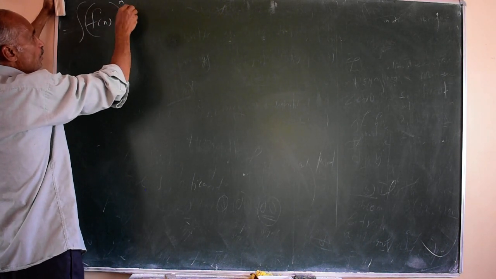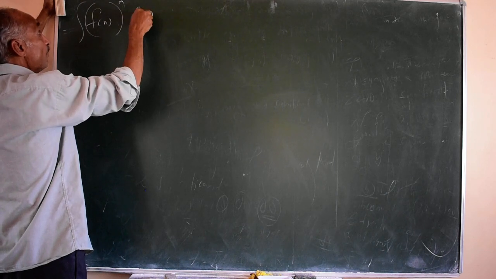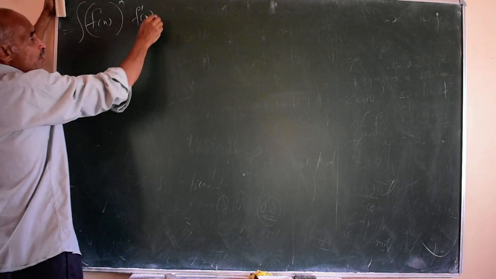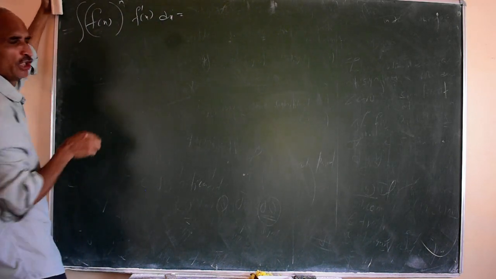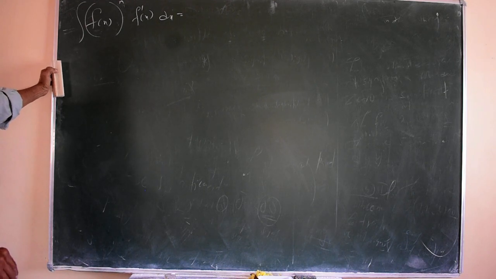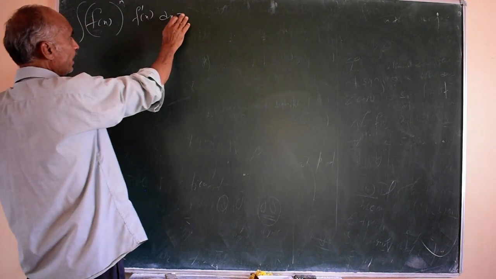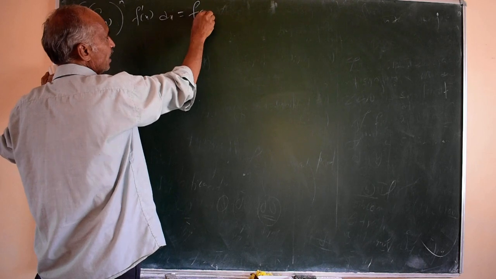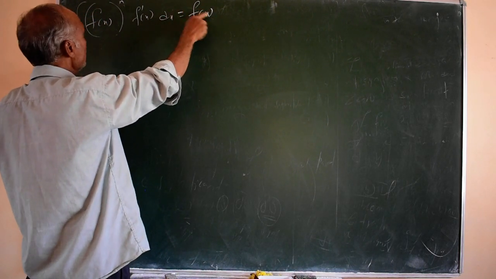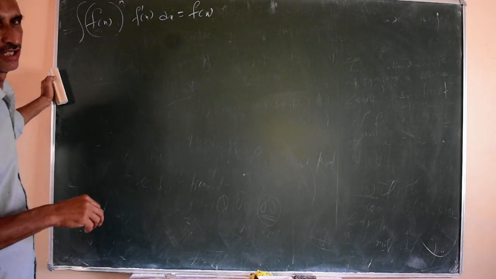f of x whole raised to n into f dash of x dx. What do you mean by f dash of x? The differentiation of this f of x. If the given integrand exactly matches this form, then the answer is the integral. It is the integrand, it is the integral. x is called the variable of integration.